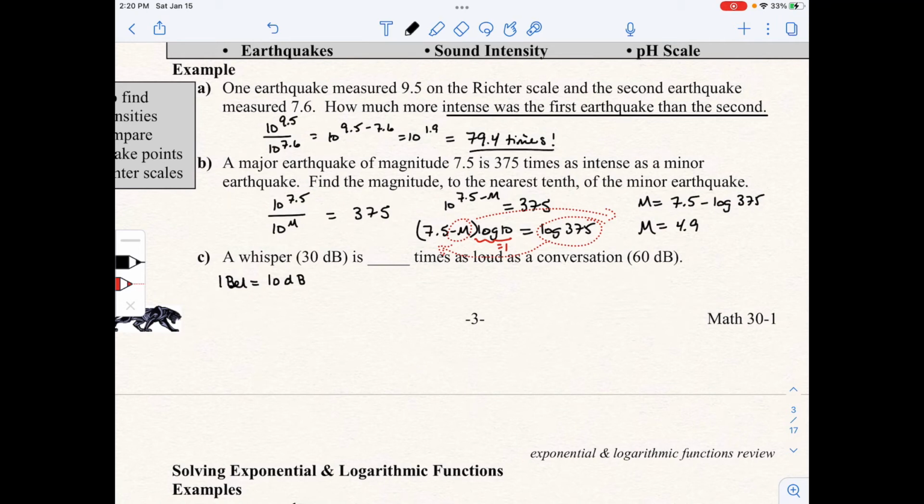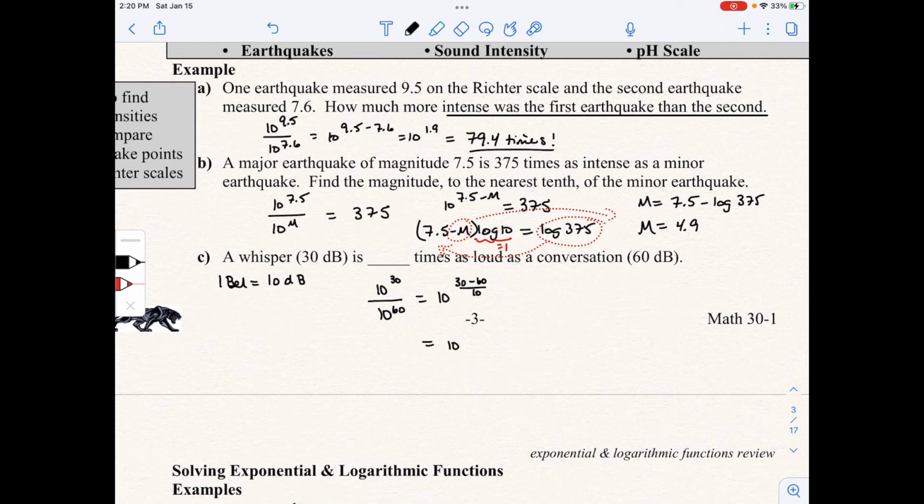So a whisper of 30 decibels, that would be 10 to the power of 30, compared to a conversation of 10 to the 60. Well, if I'm going to compare this, I need to subtract, of course. So 30 minus 60. We need to divide by 10 to convert to bells.